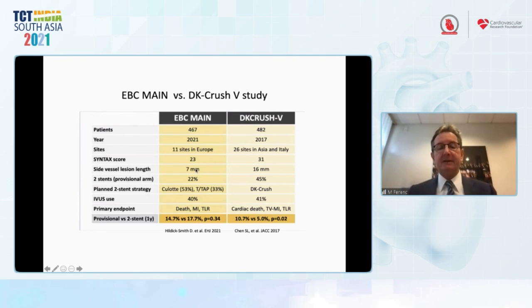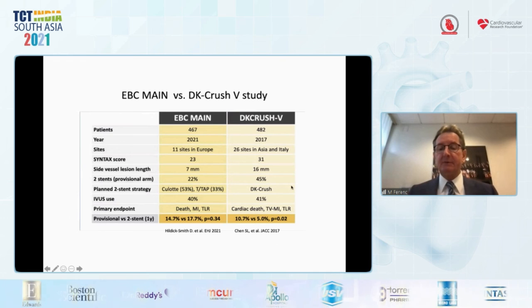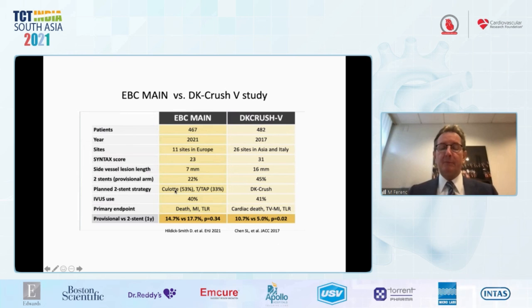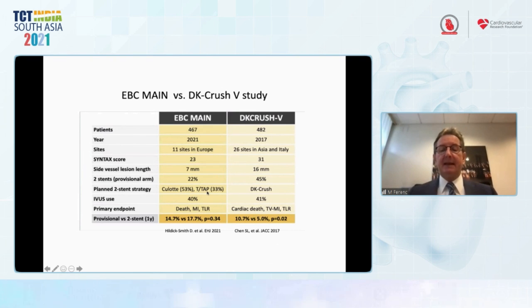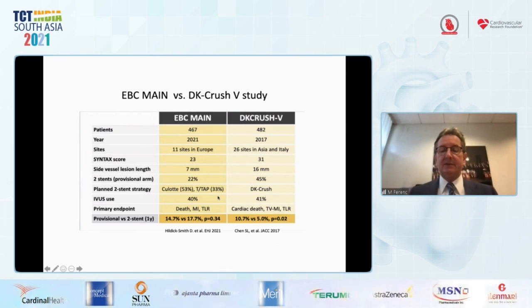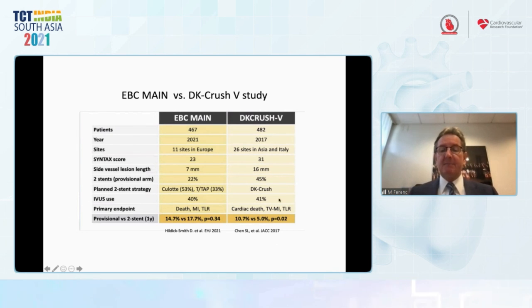We have a shorter side branch length compared to DK crush. We have 20% crossover. In the DK crush 5 study, it was over 45%. And we used culotte in more than 50%. And also TAP was used in 1/3 of patients. DK crush in the ABC main study, only 5%. And you see, both studies had only 40% use of IVUS.